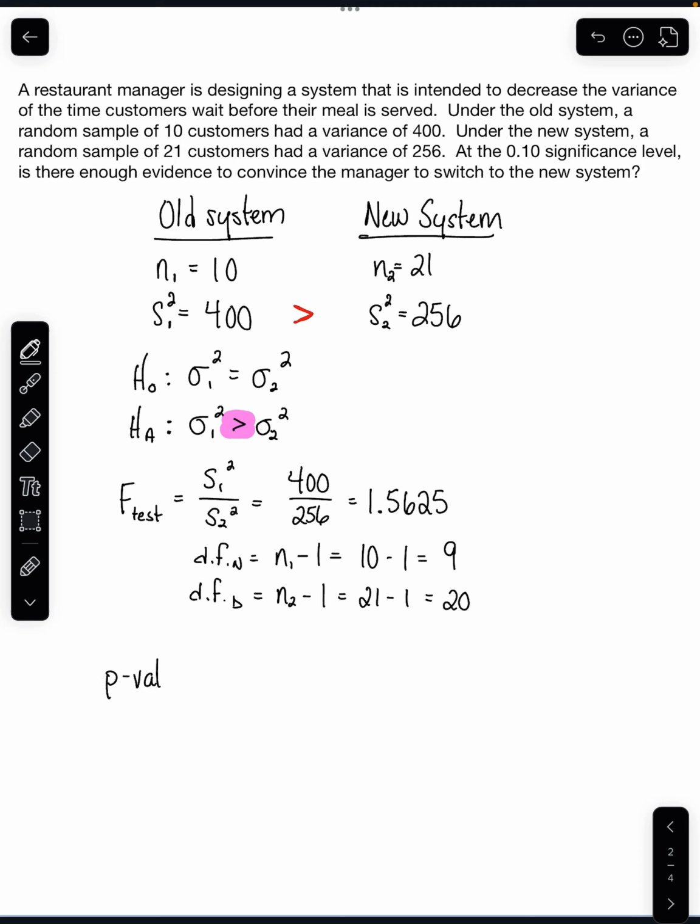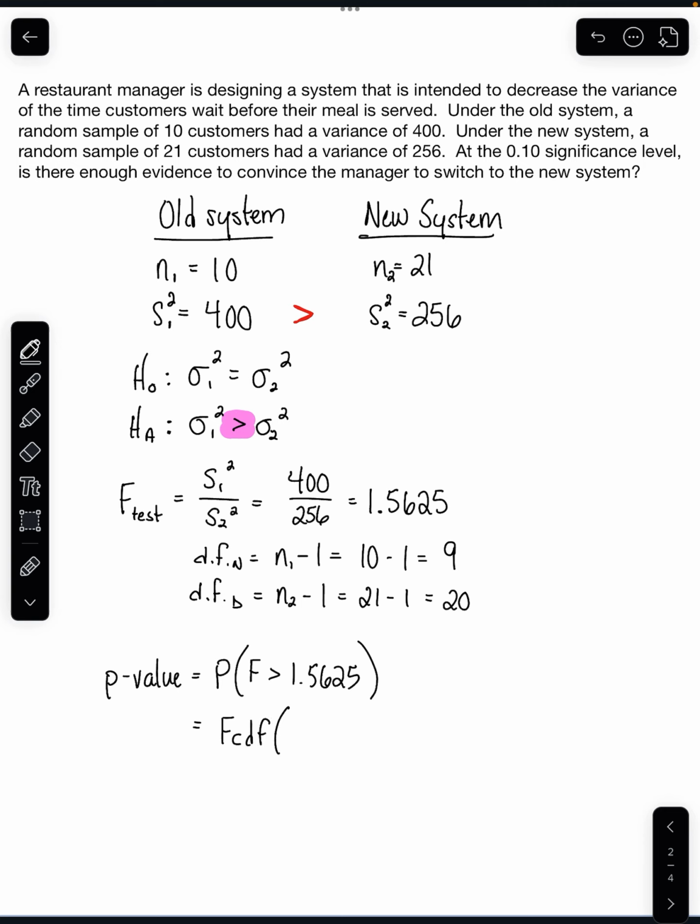So this being a right tail test, our p-value is going to be the probability of having an F value larger than our test statistic.